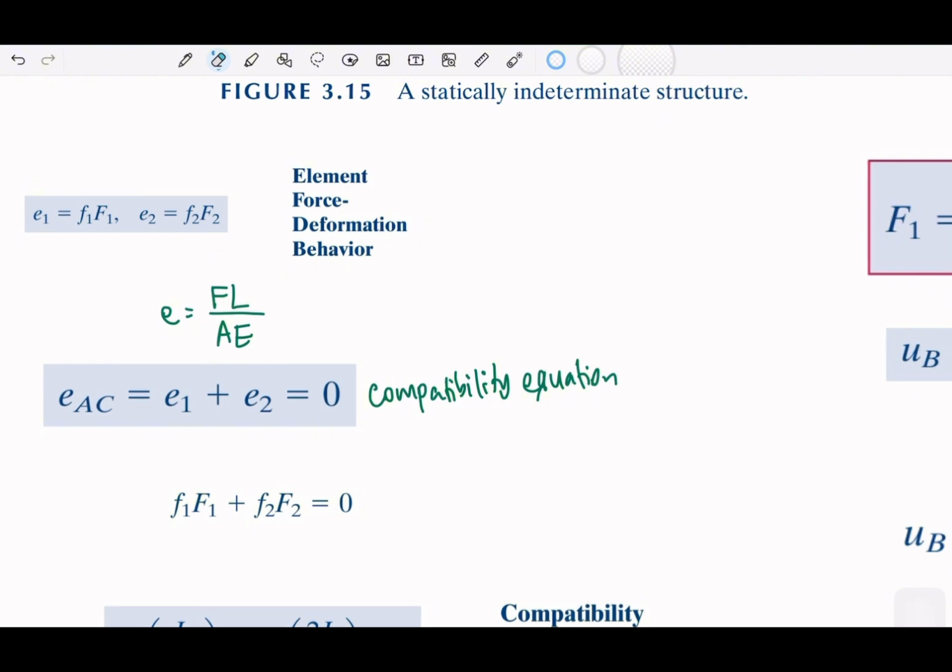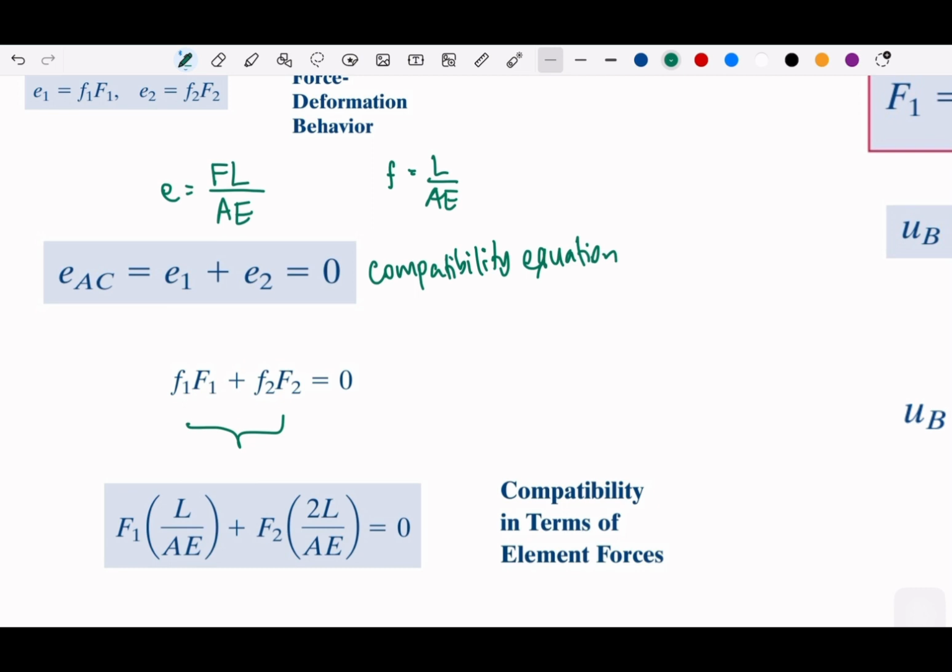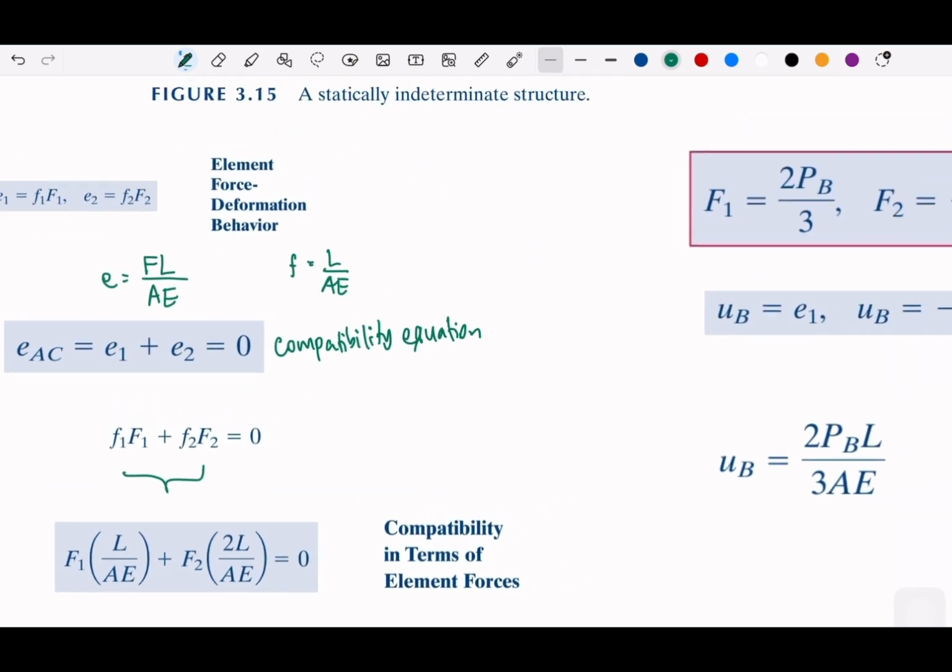But if you want to make it cleaner in your paper, you could define a small f as L over AE. But basically, this can be done directly: this is the FL/AE for each case, F1, F2, where material 1 has length L and material 2 has length 2L, and we can solve this.